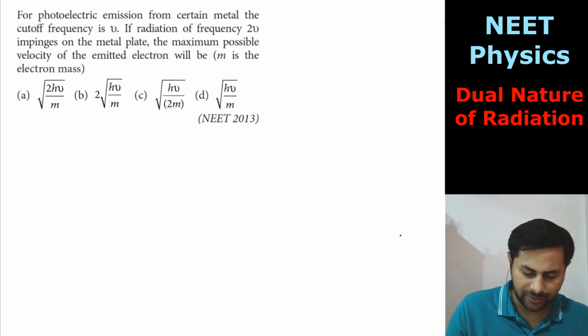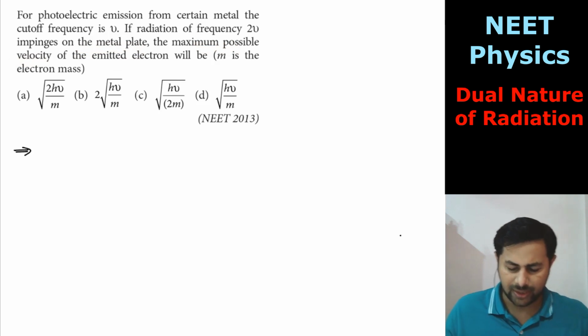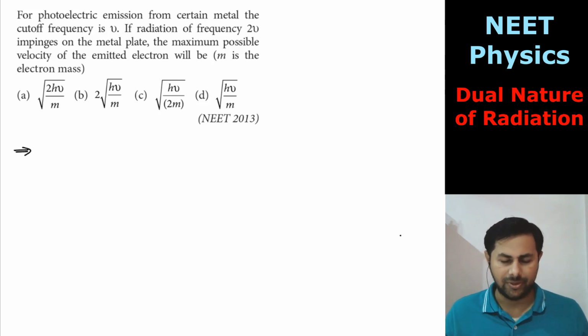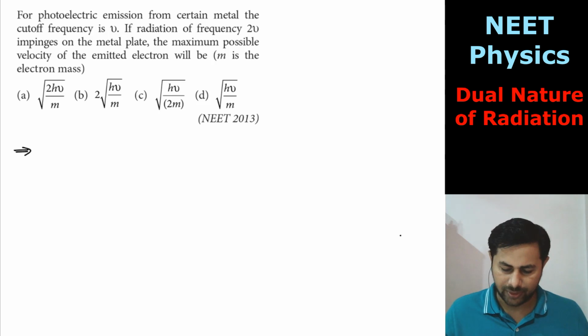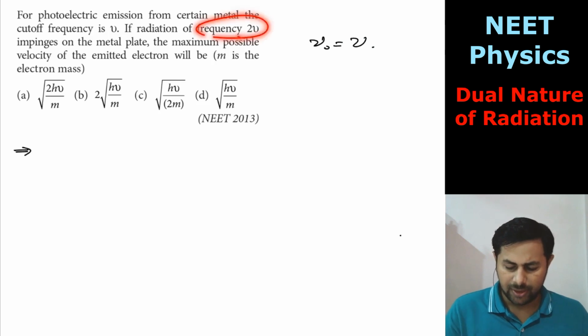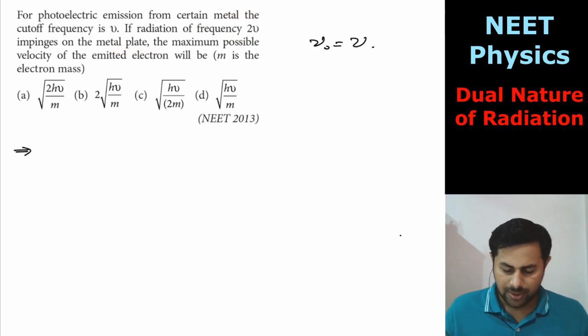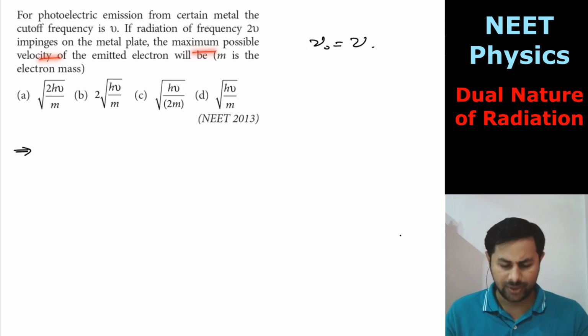So let's see this one. The cutoff frequency is nu, so this is your nu naught. Nu naught is equal to nu. If radiation of frequency 2 nu impinges on the metal plate, what would be the maximum possible velocity? This is simple.